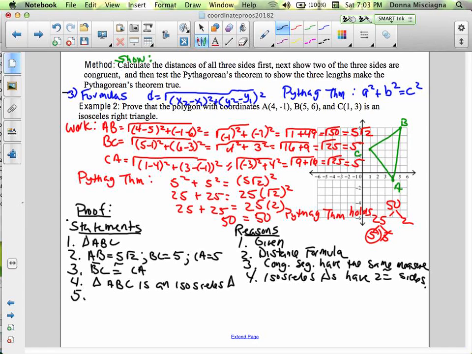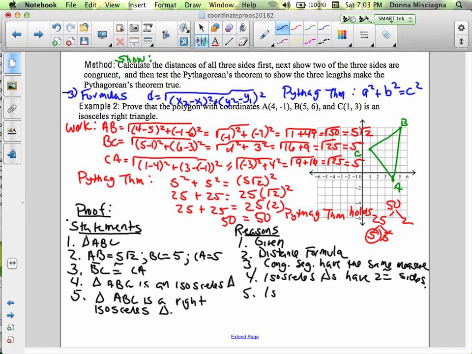Not only is this an isosceles triangle, we also know that triangle ABC is a right isosceles triangle. How do we know it's a right isosceles triangle?